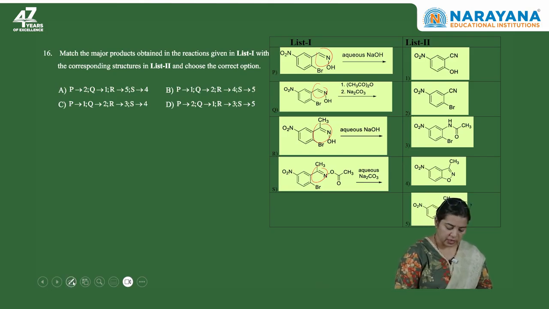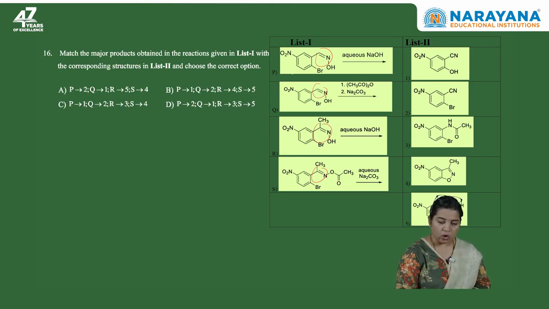First, see what is happening in option P. In case P, you see the position is very suitable for SNAr. Okay, para to NO2, bromine is given.